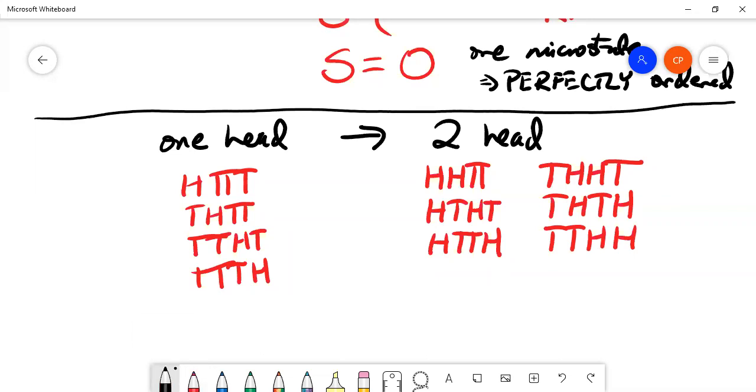Now, the actual flip of the coin can start from any one of these states and go to any different one of these states.